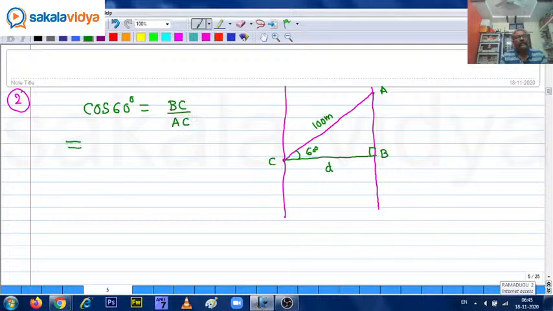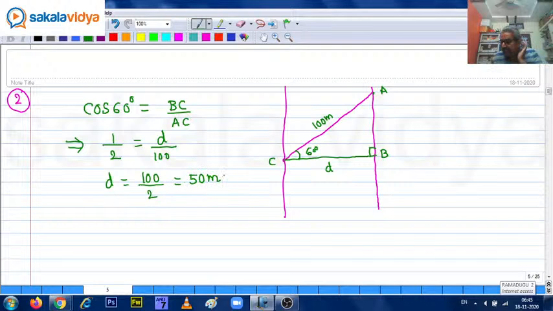So cos 60 degrees is equal to 1 upon 2. Sin 60 is root 3 by 2, cos 60 is 1 upon 2. BC is D, which we need to find. AC is 100. So D is equal to 100 upon 2, that will be 50 meters. The width of the river is 50 meters. This is the answer.